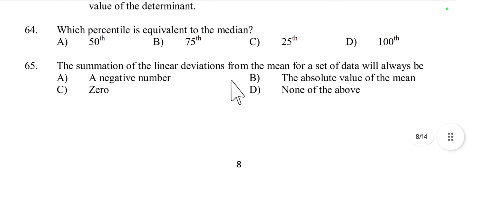Then question number 65, the summation of the linear deviations from the mean for a set of data will always be a negative number, absolute value of the mean, 0, or none of the above. Generally, the summation of linear deviations from the mean of a set of data will always be 0. It will always be 0. So option C is right here.